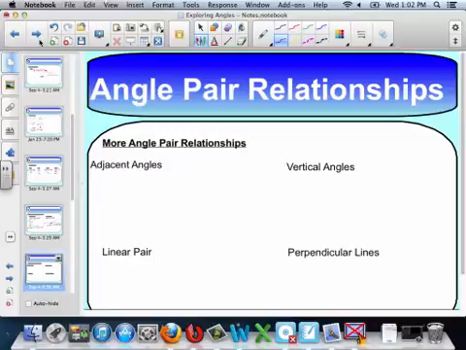No, it's not. Let's do this. What does it mean to be adjacent? What is adjacent? Beside? Right beside, next to, right?